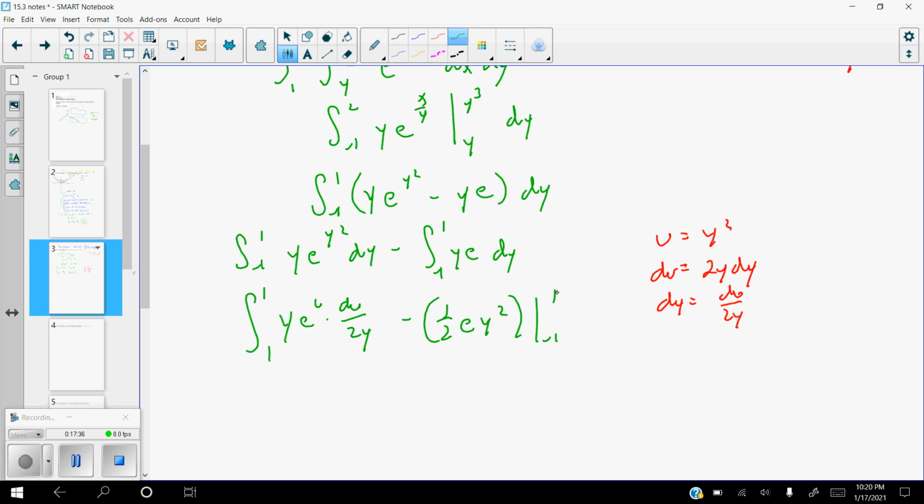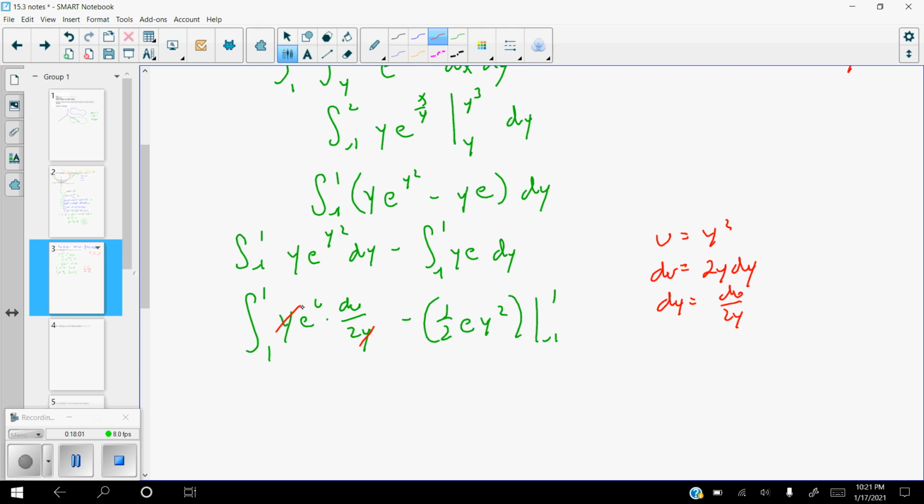Now, why is the first one so nice? I've got an integral from 1 to 1. It's going to give me 0. All right, there shouldn't be anything left, assuming I did that correctly. And I'm pretty sure that I did. I'll still show that that cancels out with that, and then you would just be taking the integral of 1/2 e to the u from 1 to 1.